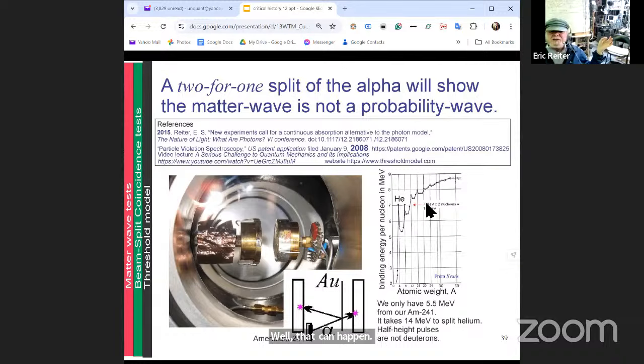It takes 14 MeV to do that split by other people's experiments that are published in their theory and everything. But I only have 5.5 MeV kinetic energy as the known kinetic energy from the decay of this isotope.